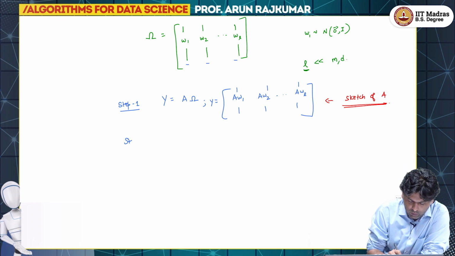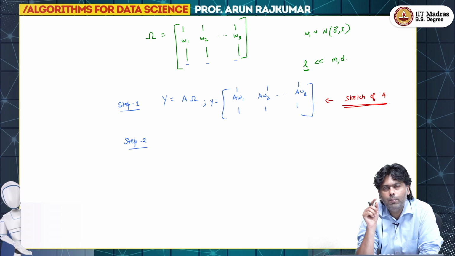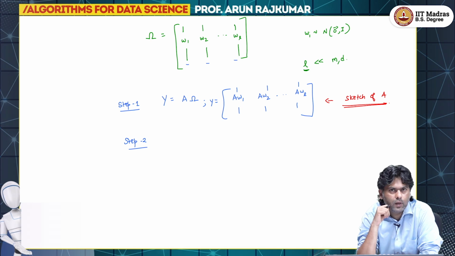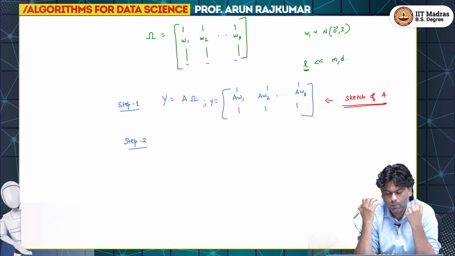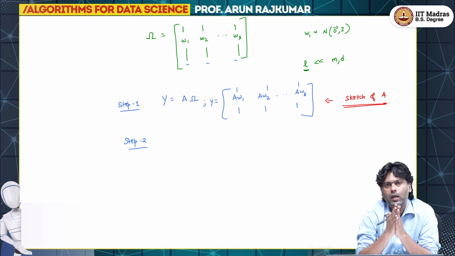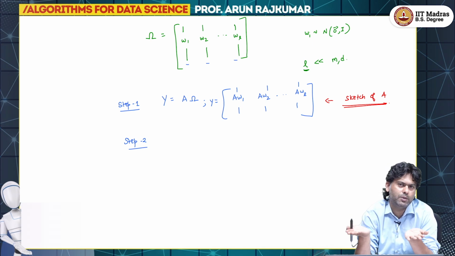step 2: find an orthonormal basis for these vectors. So I have a bunch of vectors. Now imagine that in the ideal case, all of the columns of A were in some k dimensional subspace.